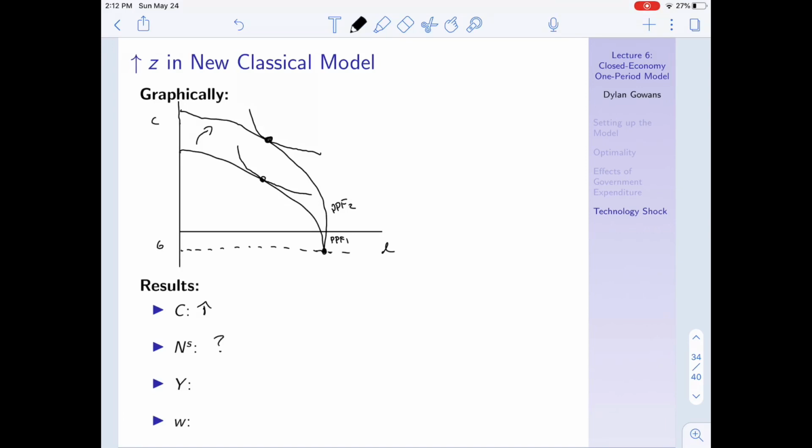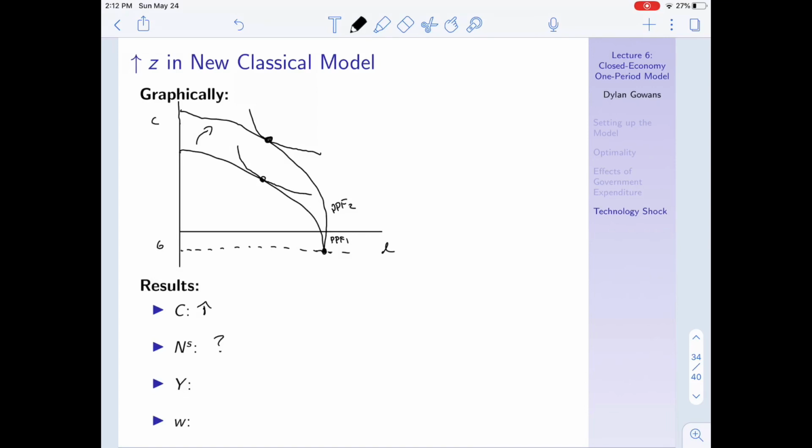Now, for labor supply or for leisure, the two being the flip side of the same coin, we don't know. Why don't we know? Well, again, it comes back to this income and substitution effect. In one case, there's an income effect saying I'm richer now. And so because leisure is a normal good, I want to consume more of it. And if I want to consume more leisure, that means labor supply goes down.